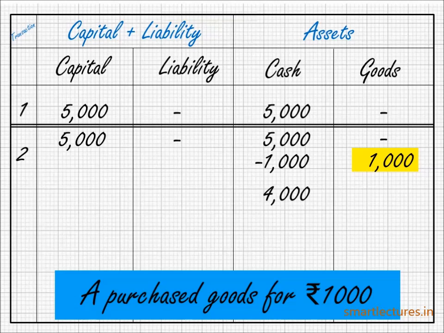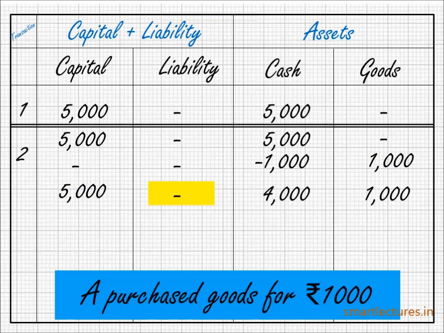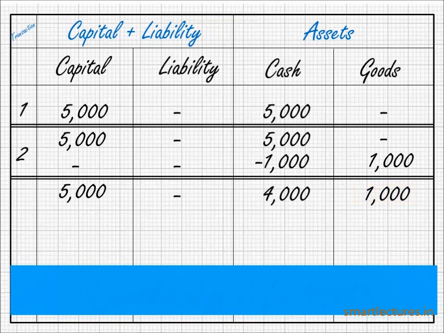So in this way, the capital is rupees 5,000, the liability is 0, the cash is rupees 4,000 and the goods are rupees 1,000. When you have completed second transaction, please draw a horizontal line to make it separate from the results. Now let's move to the third transaction.